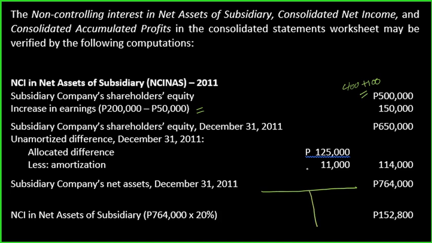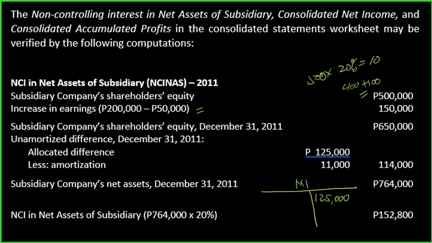What is the beginning minority interest? Sige nga, kung naaalala nyo pa, 500 ang binayaran ni parent para sa 80%. Ang implied value nito ay 625 times 20%. That will be 125. So, bakit 125? Hindi po ba 500 times 20%?